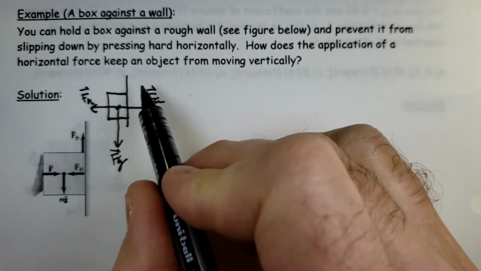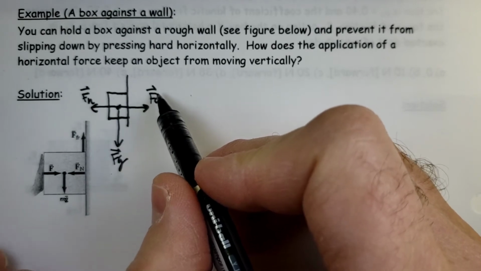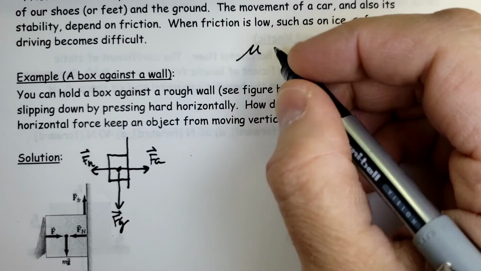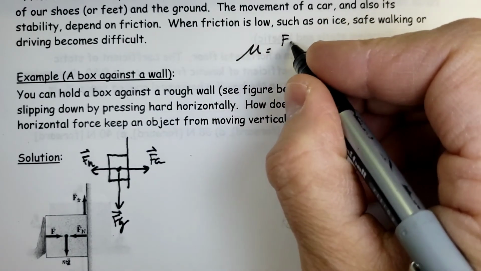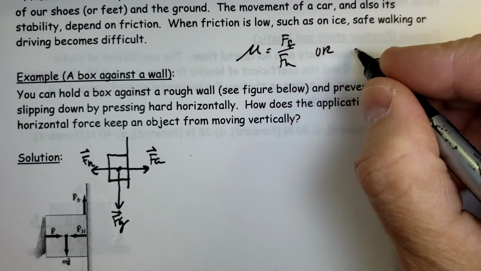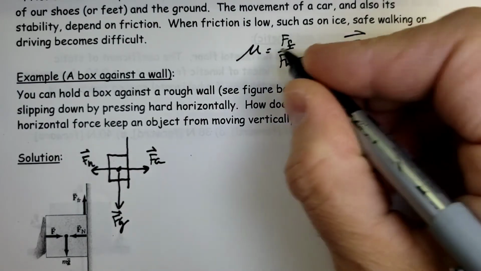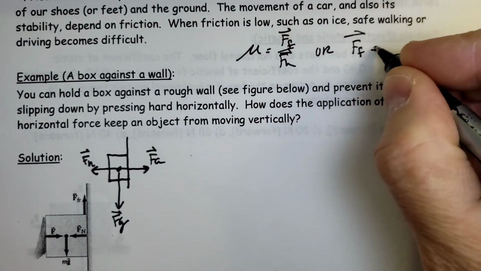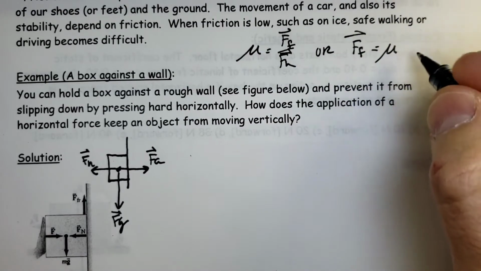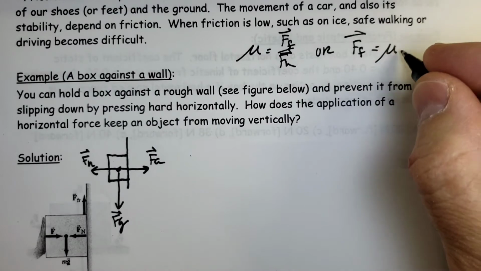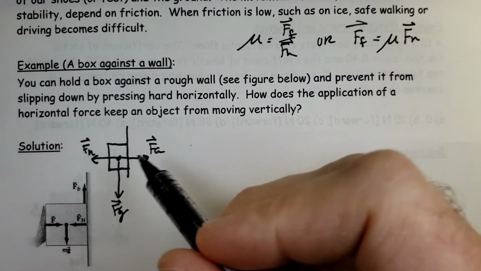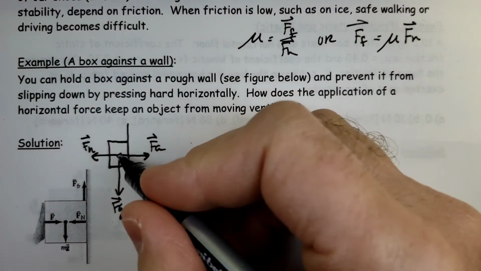Now, again, the force of friction that we talked about earlier: we have the coefficient of friction, whichever it is, FF over Fn, or rearranging for FF, it's the coefficient of friction, that number that represents the two substances pushing against each other, times Fn.